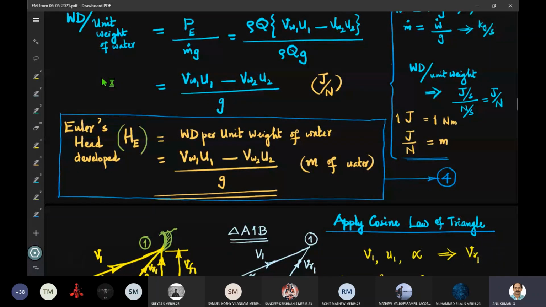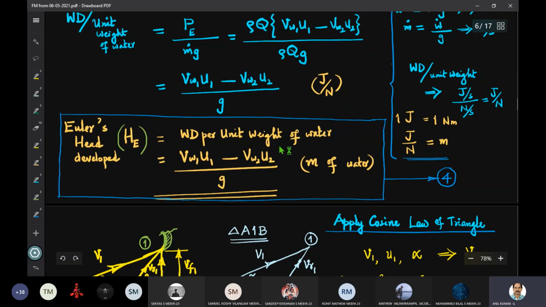Normally we say the head impressed by the flowing fluid on the wheel or on the runner, that is given by (VW1 U1 minus VW2 U2) divided by g, joule per Newton or meters of flowing fluid. So Euler's head developed in the context of power producing turbomachines is the same as the work done per unit weight of fluid.